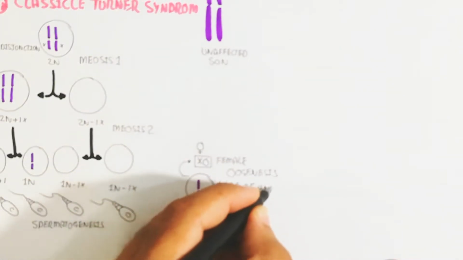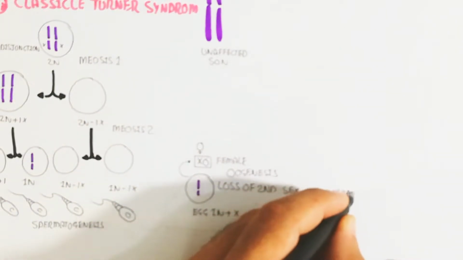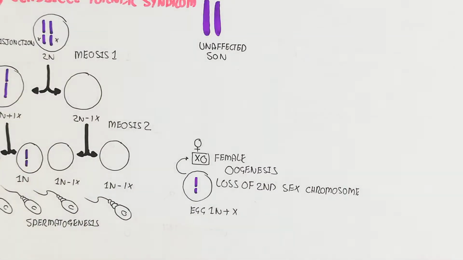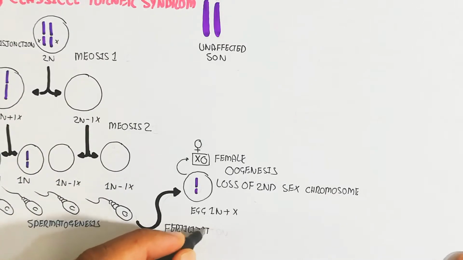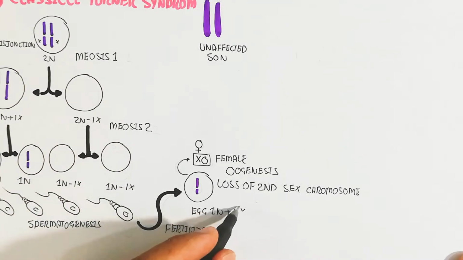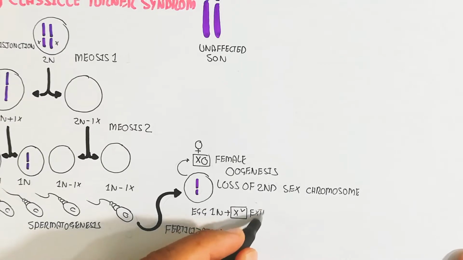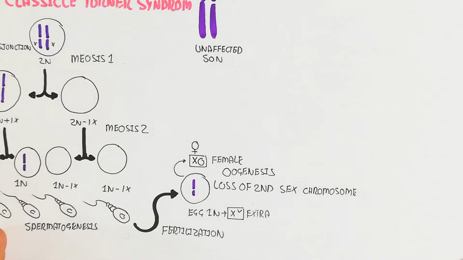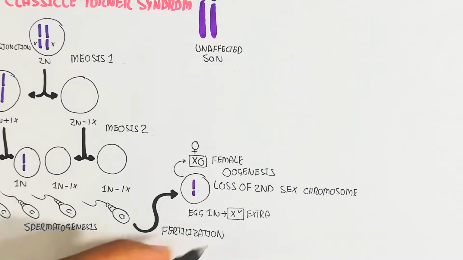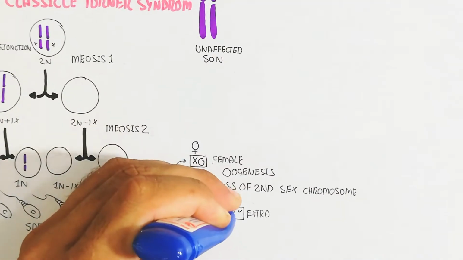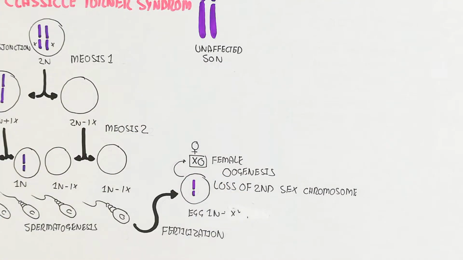But remember this, after fertilization an XO female will be produced. For example, normally it is XX, but the abnormal Turner syndrome will produce XO. So in this way the loss of the second sex chromosome will occur, and the loss of the second chromosome leads to Turner syndrome after fertilization. So I hope this makes sense.